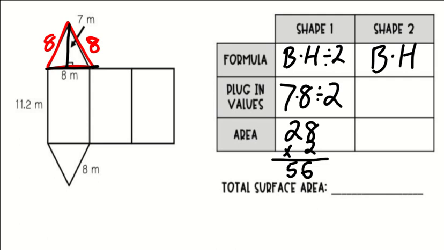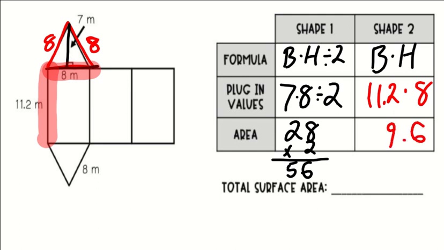All right, shape 2. That's the rectangles. We've got 11.2 times 8. That gives you 89.6.